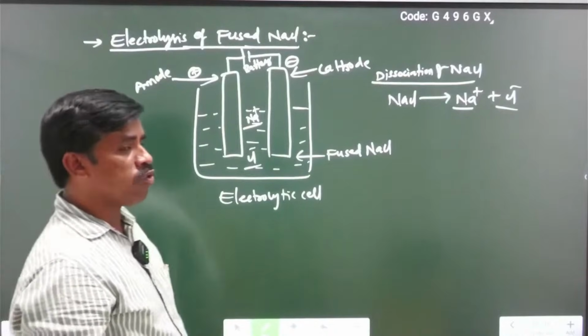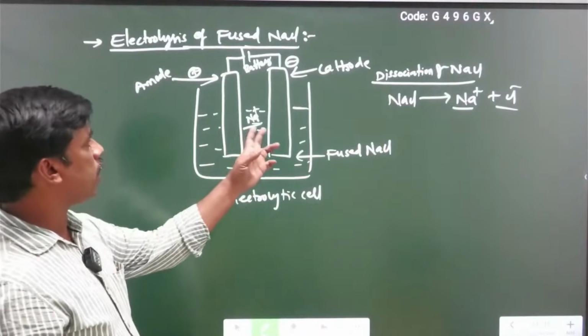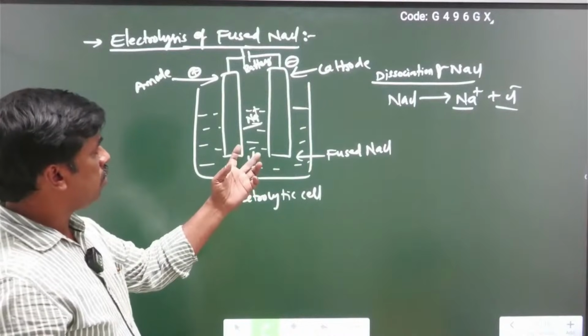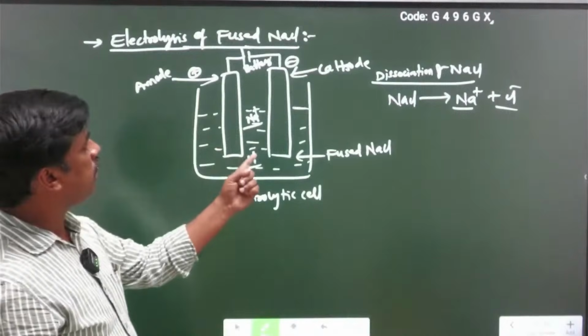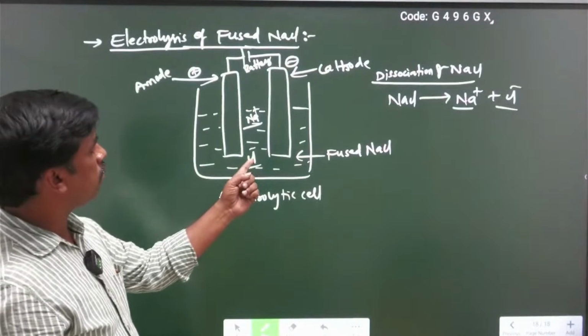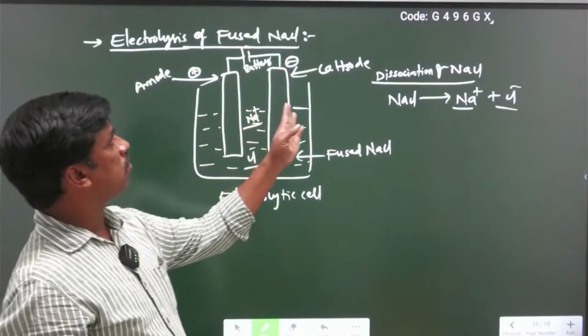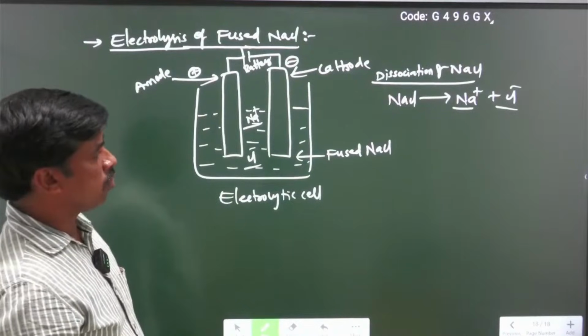These ions move towards oppositely charged electrodes. The anode and cathode are already present in this electrolytic solution. The anode is positive, so negative ions go towards the anode and positive ions go towards the cathode.